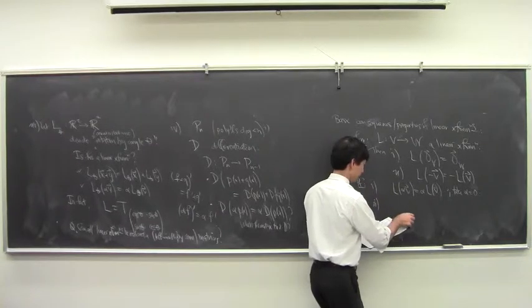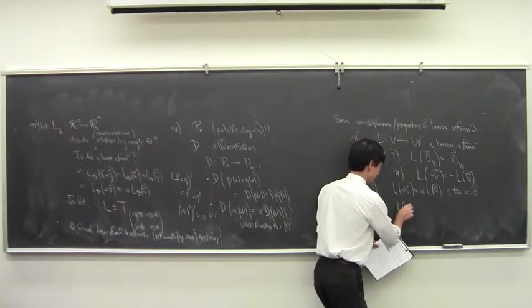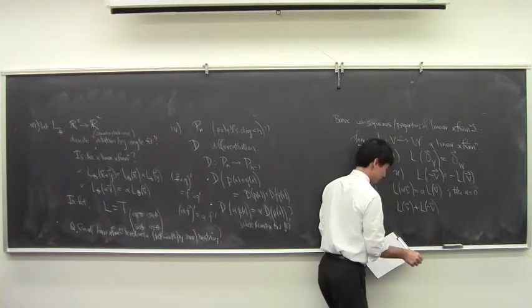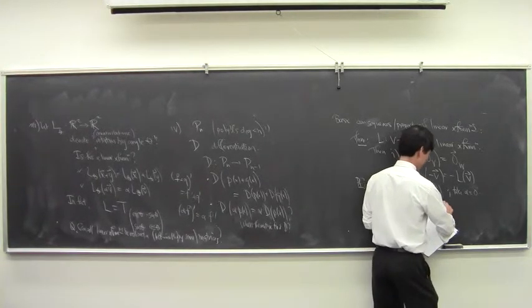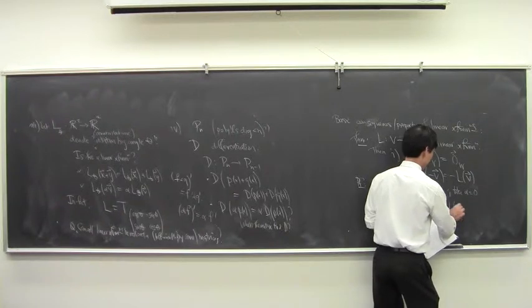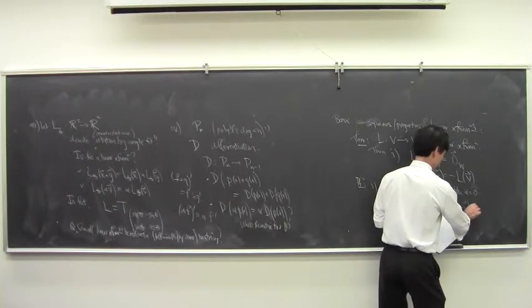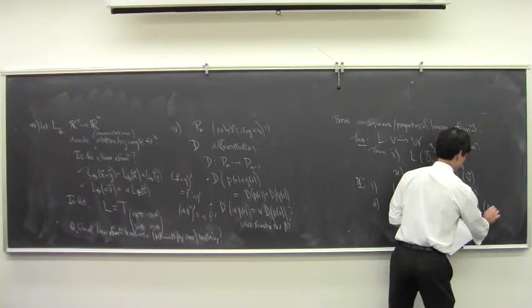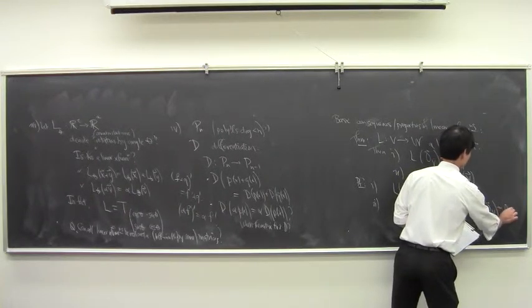Similarly, we know that L of v plus L of minus v is L of v minus v, which is L of 0, which is to say 0.